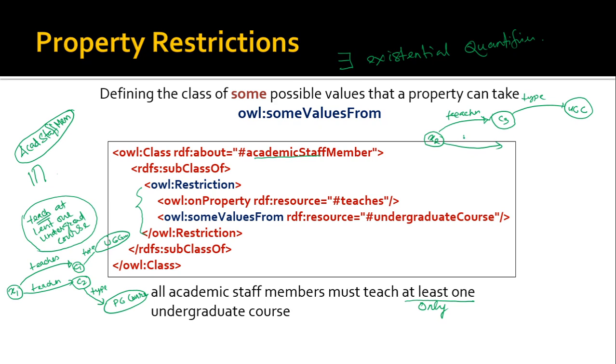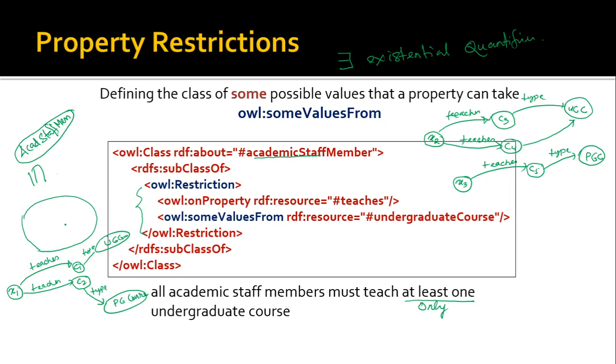It also teaches say c4, and it is also of type say UGC. The third case is x3. It teaches say c5, which is of type say PG course, right? Now let us see what are the elements that will be included in this set. Let me remove the inside part of this set, right?